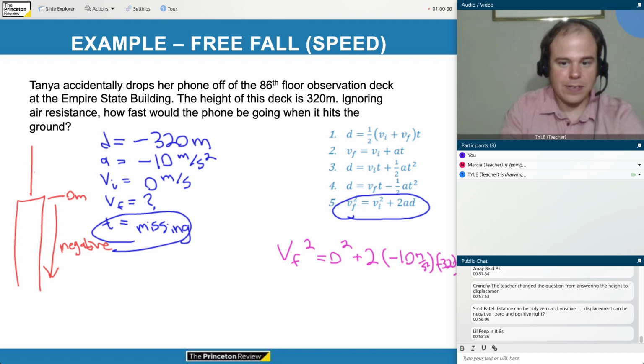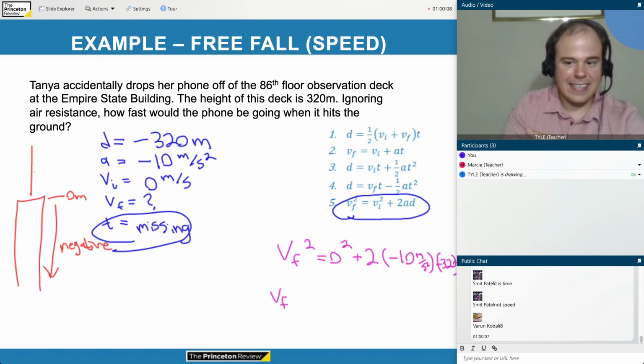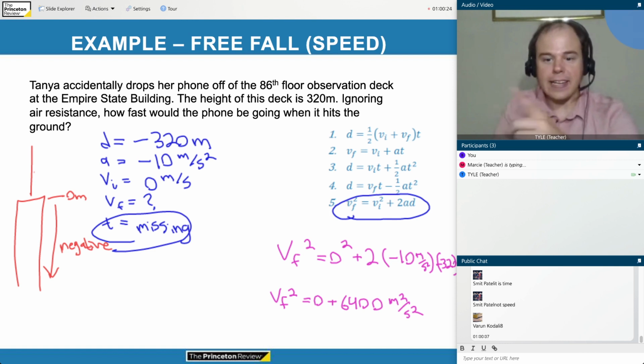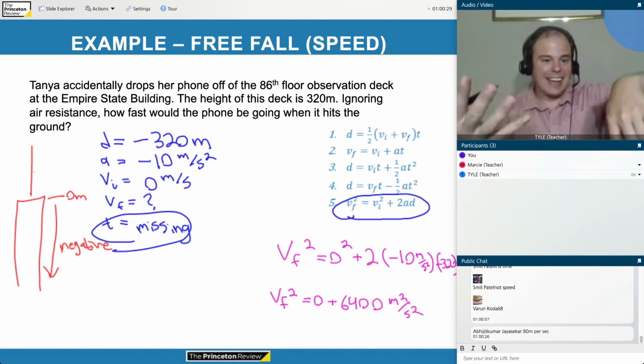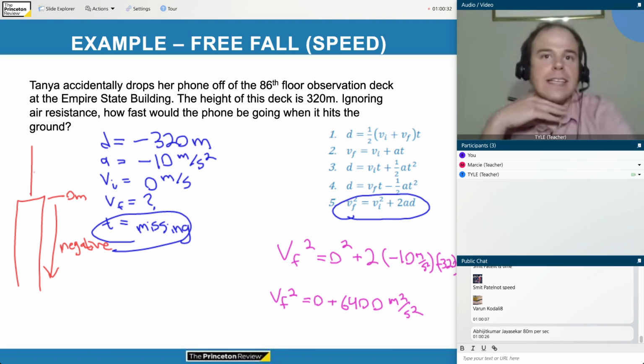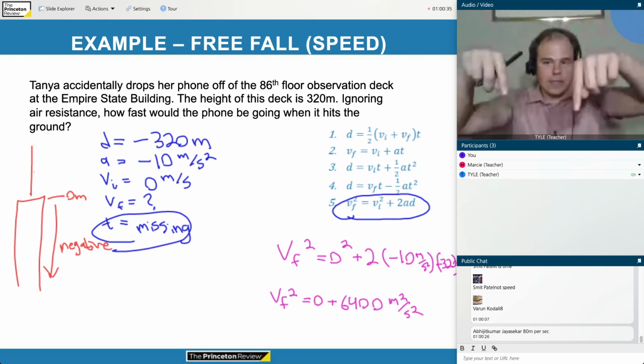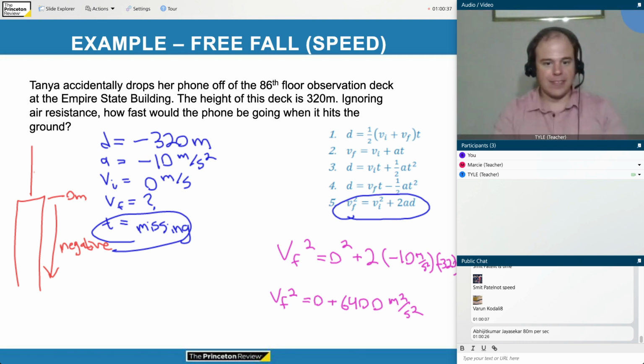So 2 times 320 times 10 gives us that v final squared equals 0 plus 640 times 10, which is 6,400 meters squared per second squared. And notice that the two negatives canceled out since both the acceleration and the displacement were downwards and therefore negative, so they multiplied to give us a positive number.